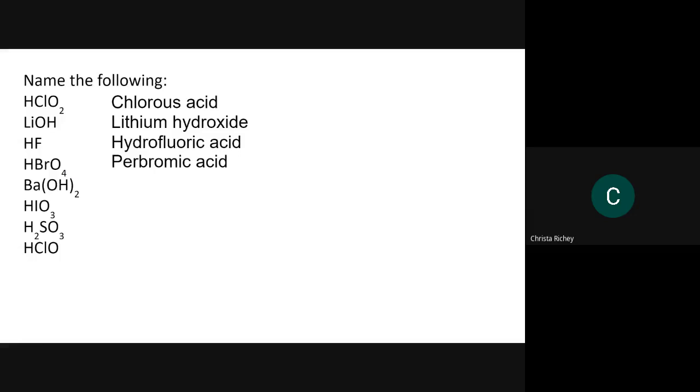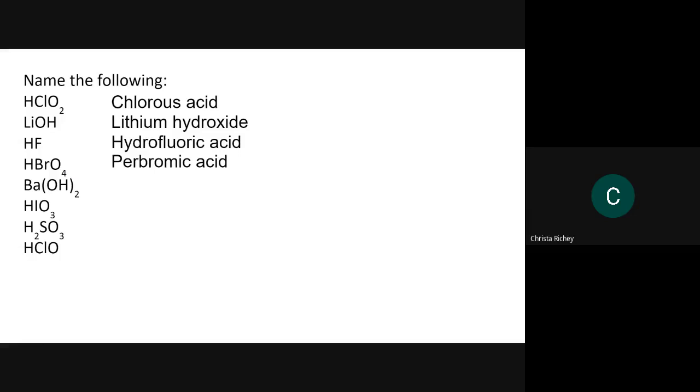There are 2 exceptions to this per having 4: the PO4 negative 3 and the SO4 negative 2. That is just phosphate and sulfate, so they don't get a per. But this is not on that chart, so this is going to follow that rule. So 4 oxygen is per-bromic, because this is really bromate, which becomes bromic acid.